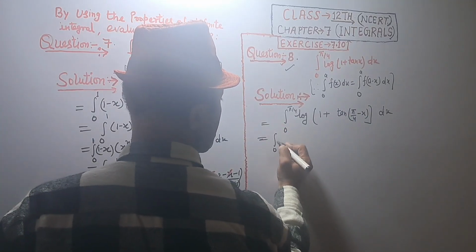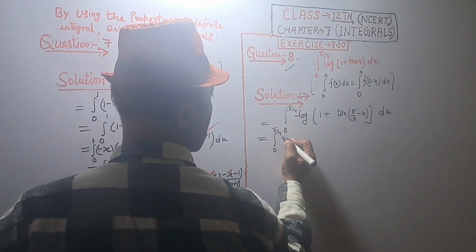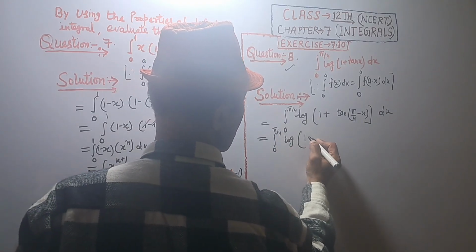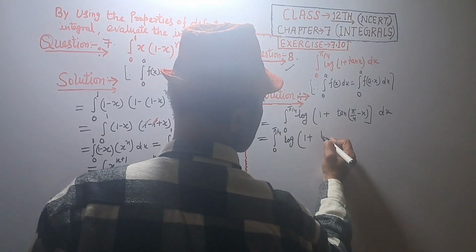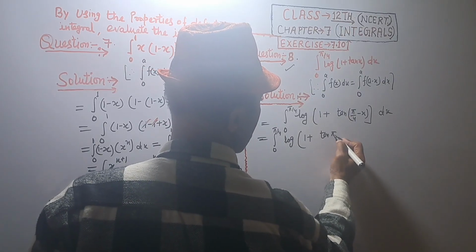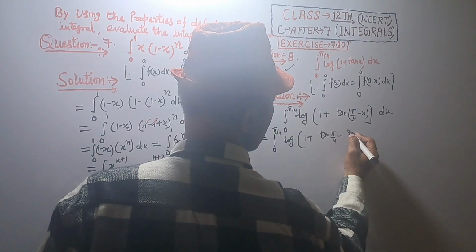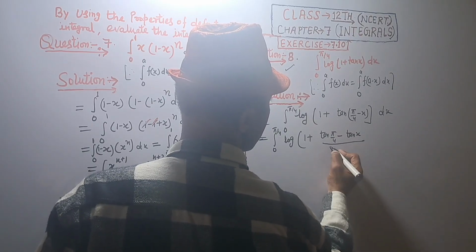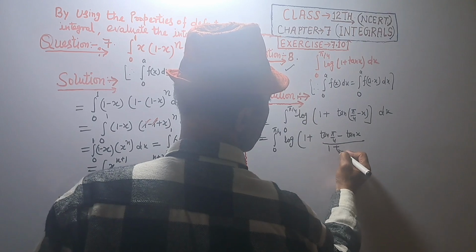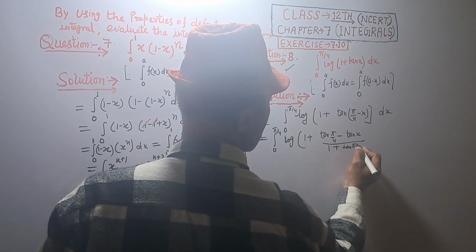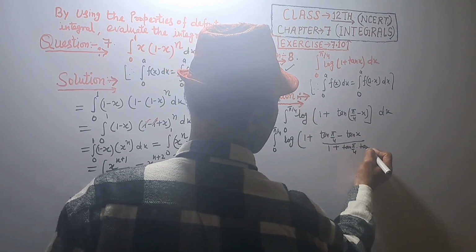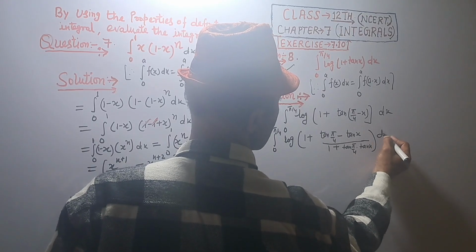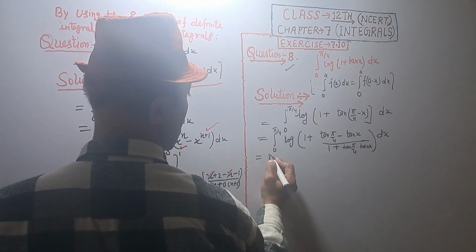This is equal to limit 0 to pi upon 4 of log of 1 plus (tan pi by 4 minus tan x) divided by (1 plus tan pi by 4 into tan x) dx.